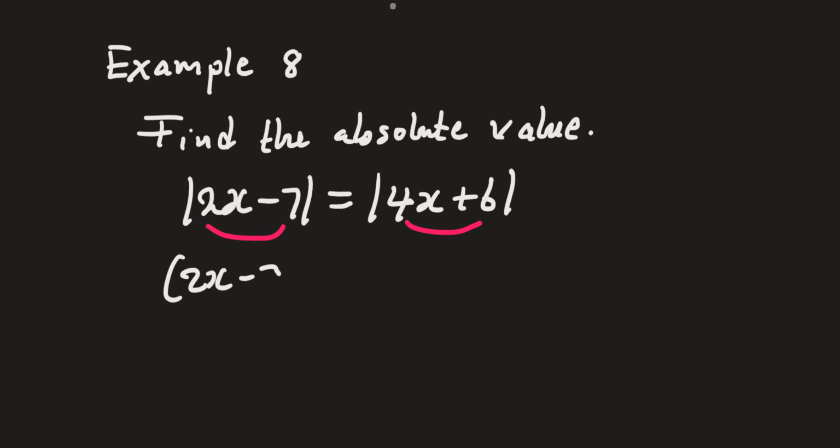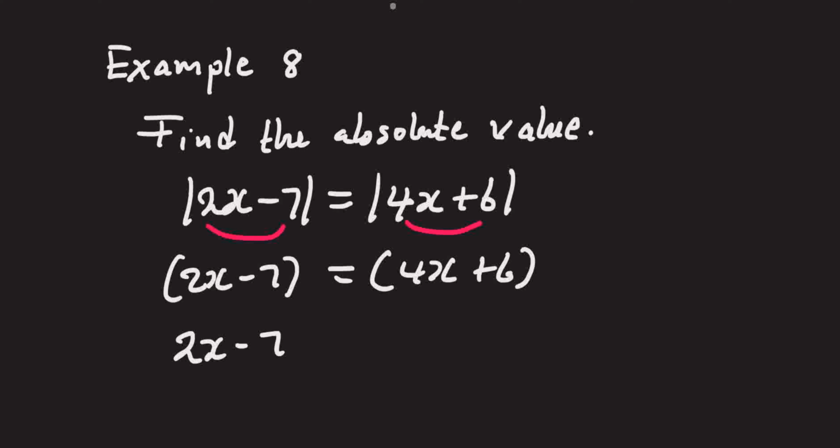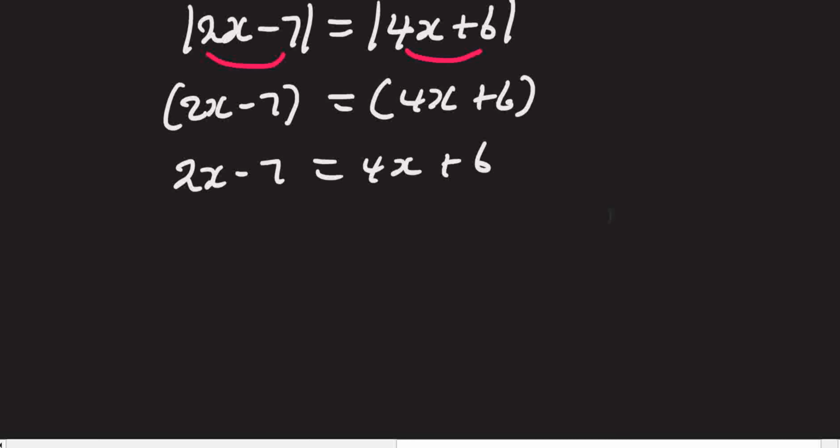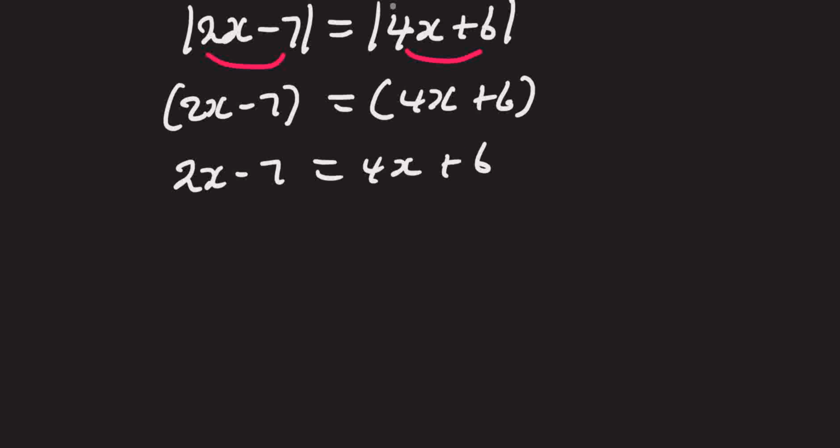2x minus 7 is equal to 4x plus 6. So now clear the parentheses. So you have 2x minus 7 is equal to 4x plus 6. Now combine like terms. So we can subtract 2x from both sides.